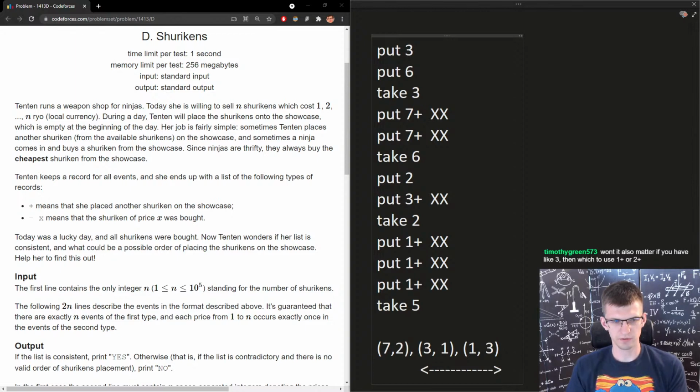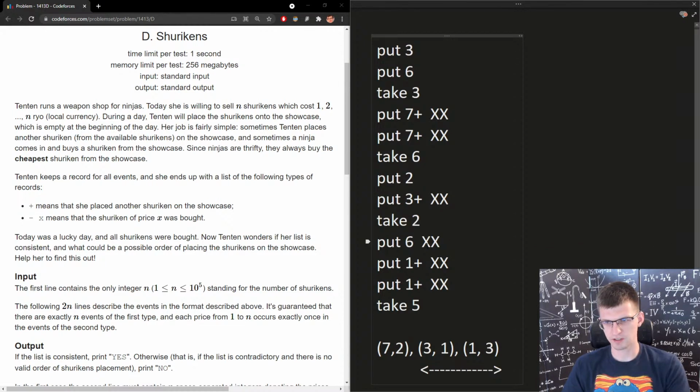Won't it also matter if you have 3 which to use? No, it doesn't. Like here, I have 5. It doesn't matter if I use 1 or 3, because I'm going to anyway maximize them with 6. So I can, for example, replace this with 5, say that this is done, because in a second, anyway, everything here gets maximized with 6.